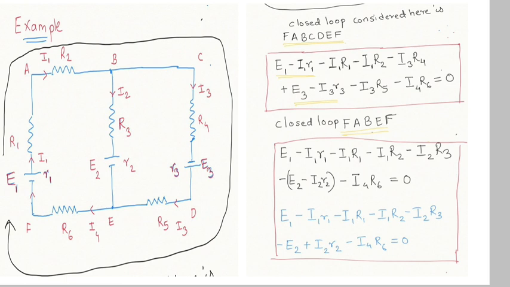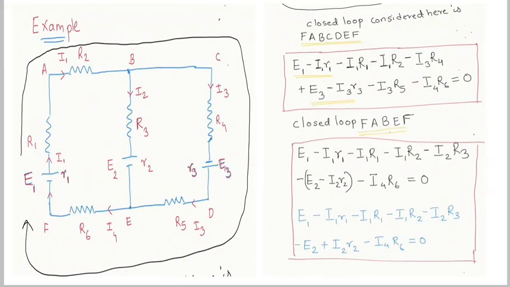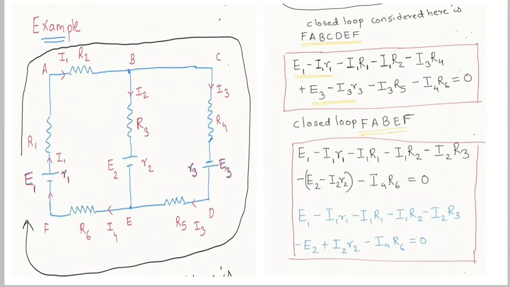So I3 will move through R4. Therefore the tracing direction is the same and the current direction is the same, so it is minus I3 R4. Now for E3, the direction of current is from negative terminal to positive terminal.